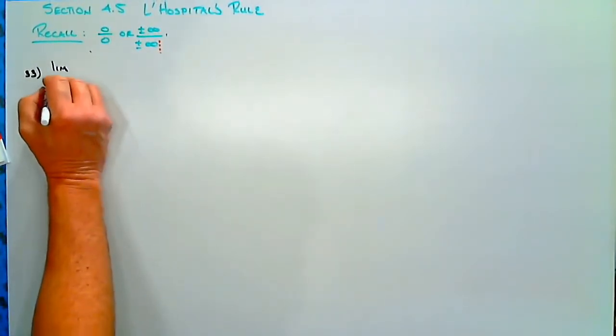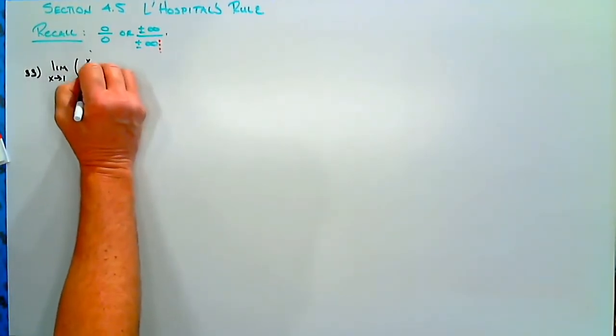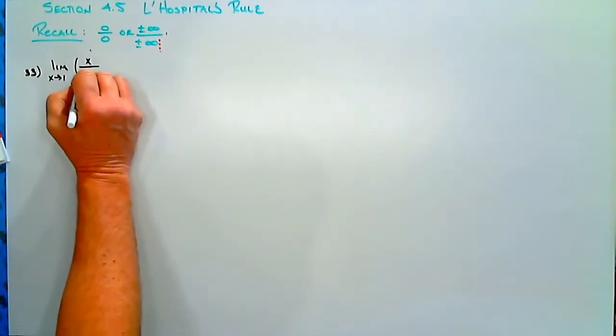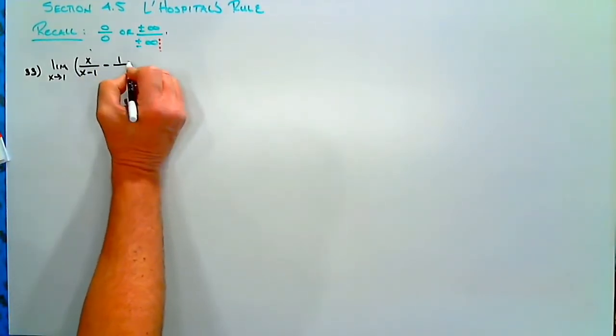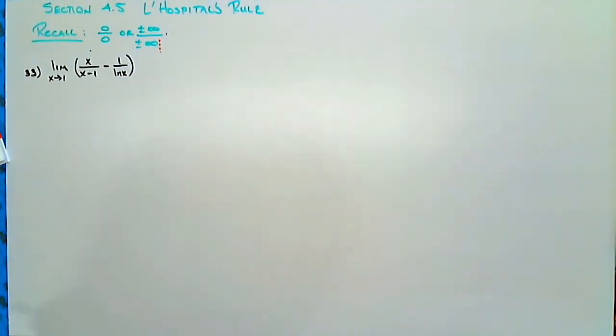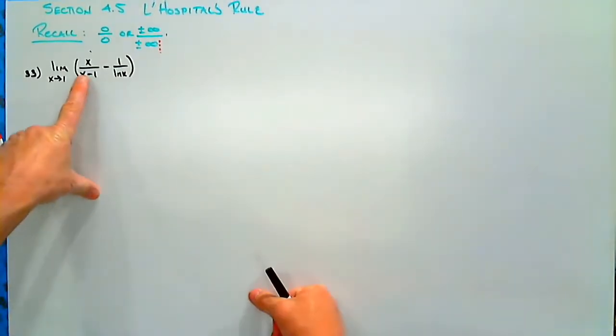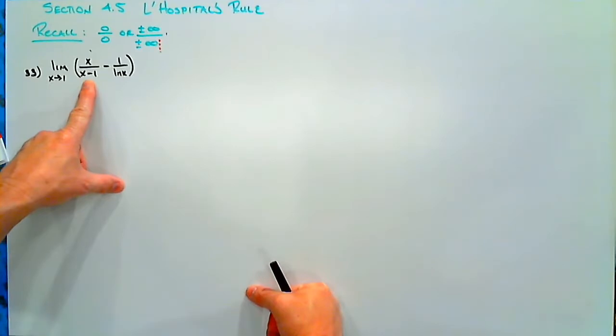We have the limit as x approaches 1 of x divided by x minus 1, minus 1 over ln of x. Now, if we just plug in 1, in the numerator of this term we have x.